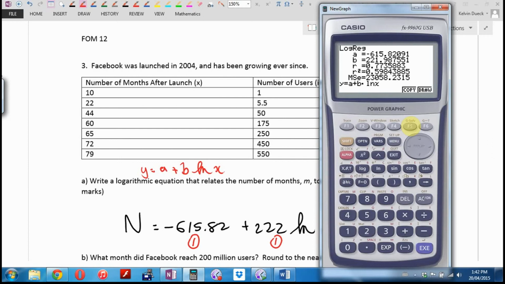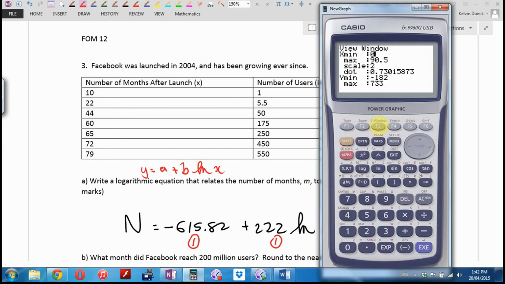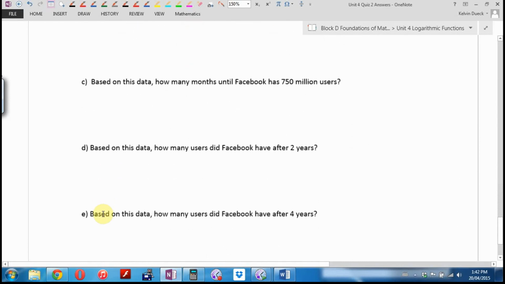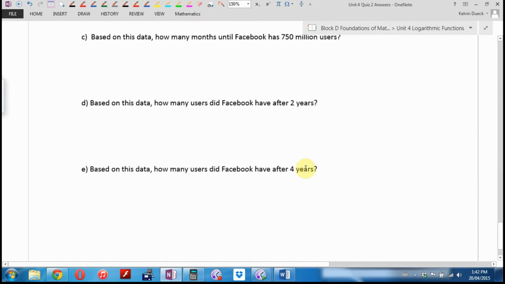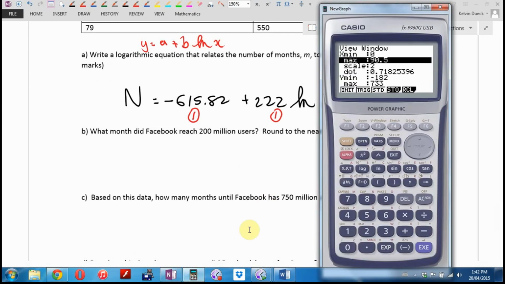Copy. Here. Menu. Graph. View window. Number of months. Looks like the highest... Did we go past 79? Let's see. 4 years is 48 months. You know what? I'm going to go past 79. I'm going to go to 100 months. I don't know.